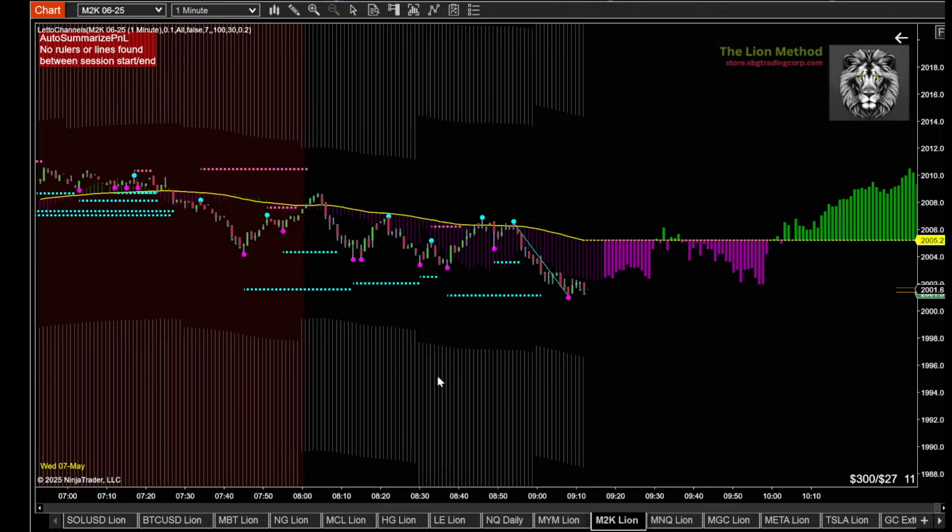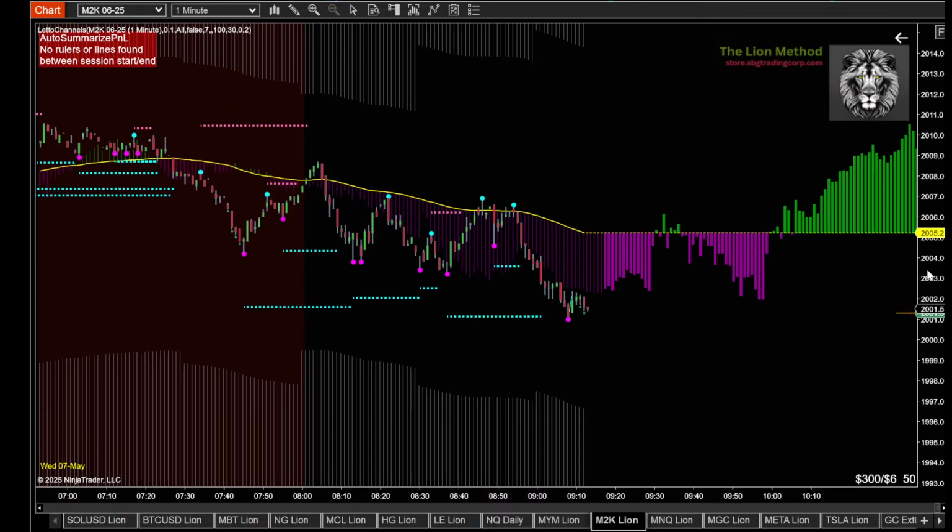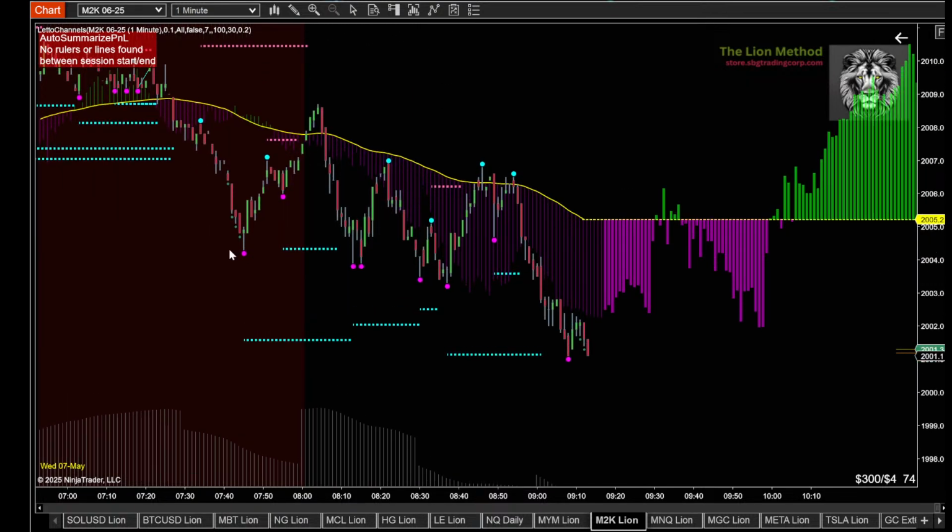These lines up here that look like pinstripes, those are oversold down here, and overbought is above the market. The middle line is the 100 moving average. The first thing we want to find is a market that has recently hit either overbought or oversold. And this one, the Russell, has not hit either of them, so none of these signals matter right now.